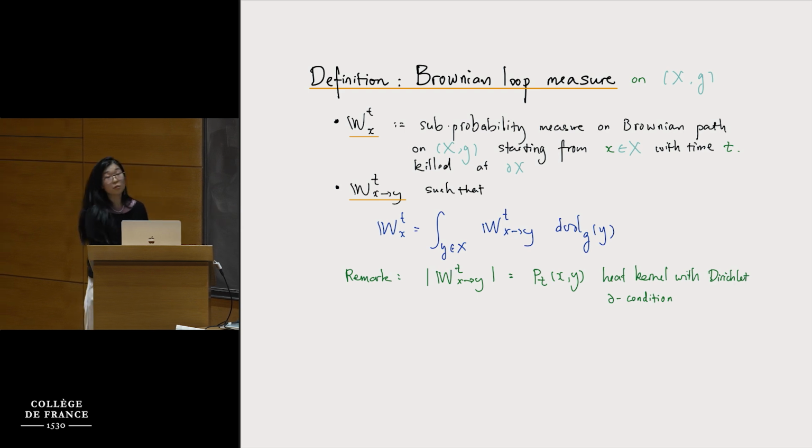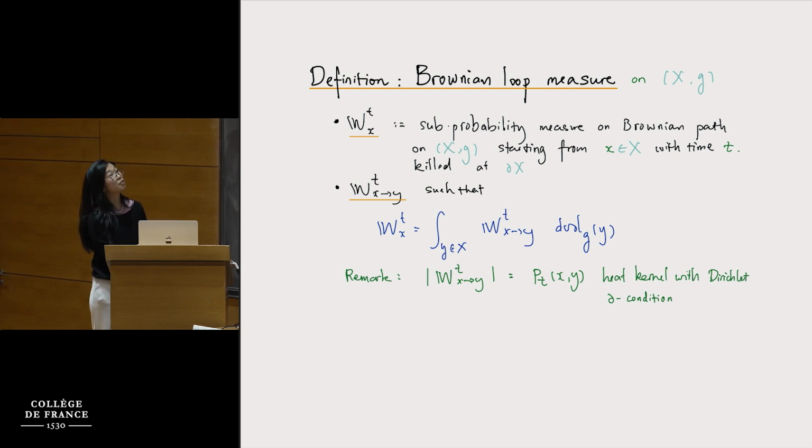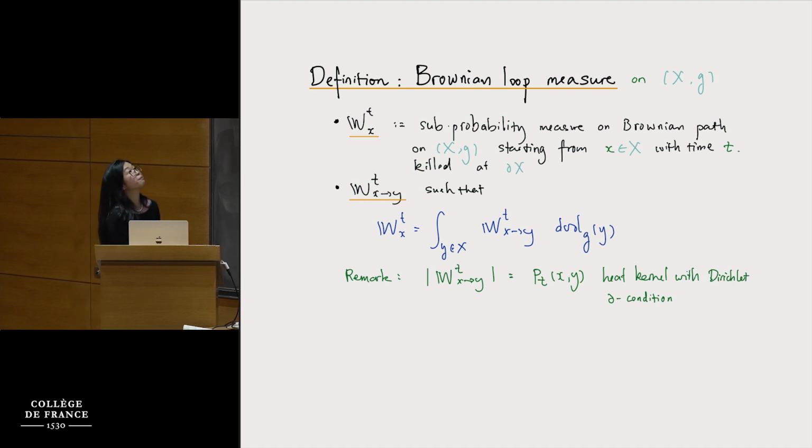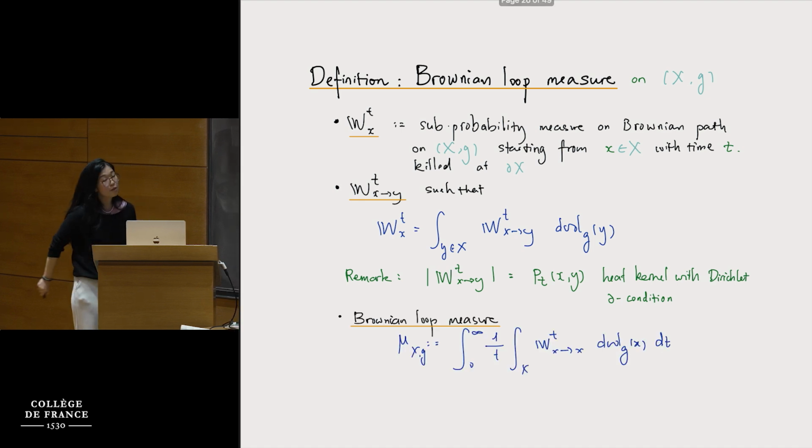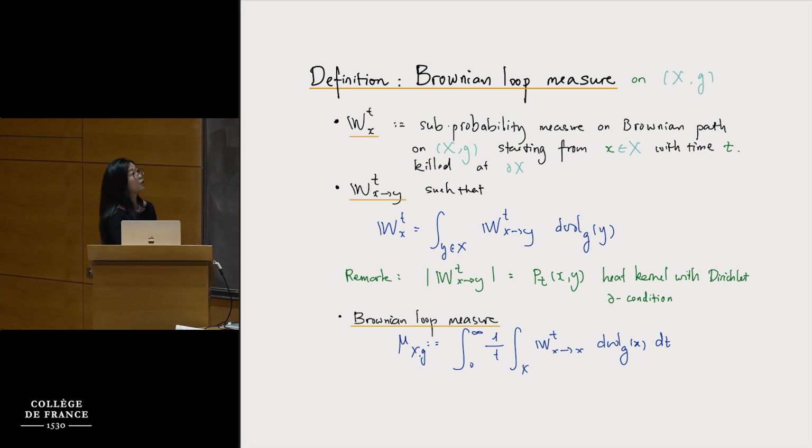Now this is no longer a probability measure, because it just depends on what the heat kernel is. The Brownian loop measure is supposed to average over all the times and all the starting points. With time, I put the weight 1 over t, and I take the integral over all the points from x to x.